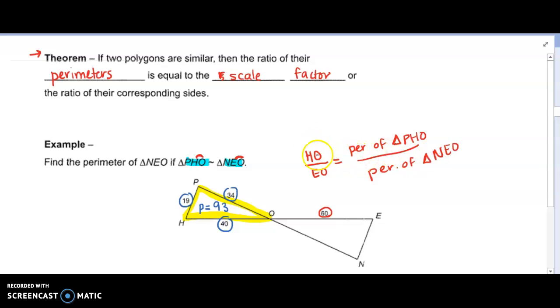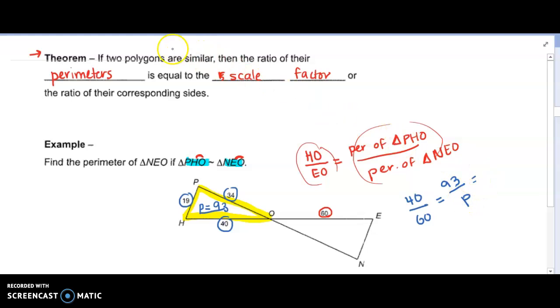The ratio of the sides is equal to the ratio of their perimeters. Now it's just about plugging stuff in. So HO is 40 over EO is 60, as the perimeter of PHO, we already added it up, it's 93, over, I'm just going to say P.